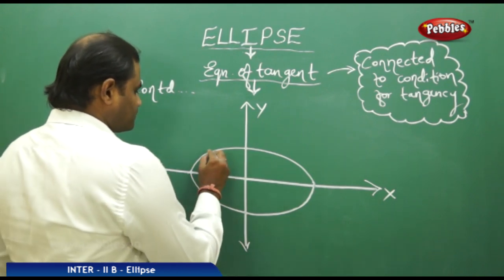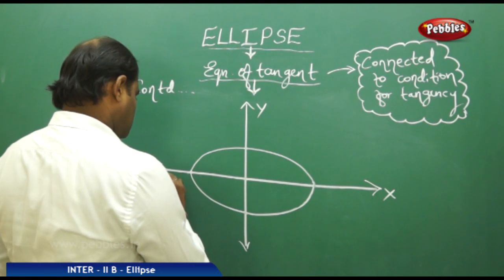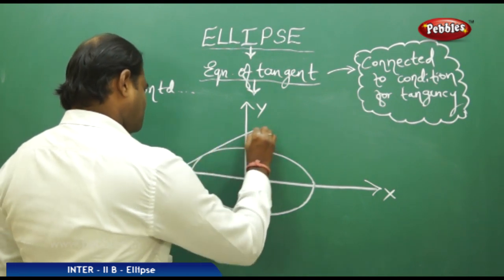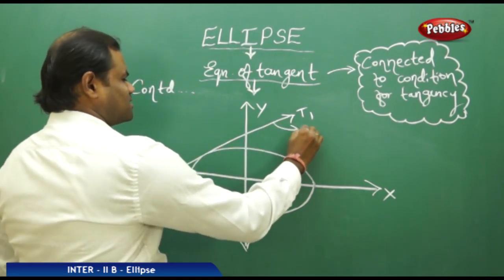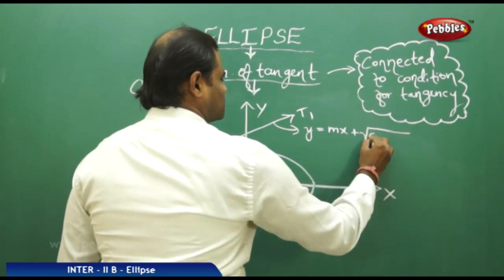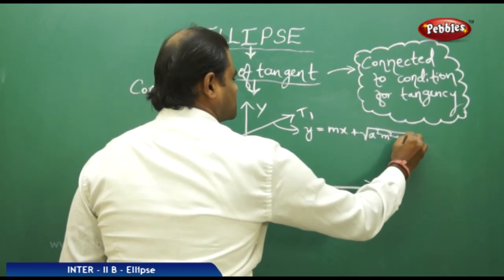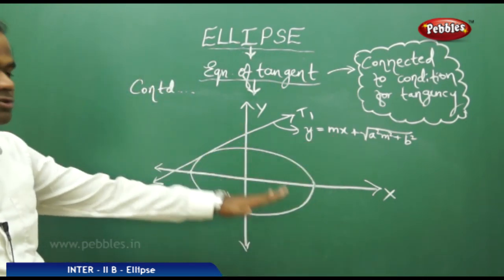Here, if I have a point where the line is the tangent, I'd say this is given by y equals mx plus root of a squared m squared plus b squared. Then the other line with the same slope is a line which is parallel to this.